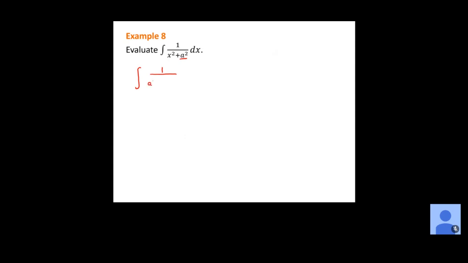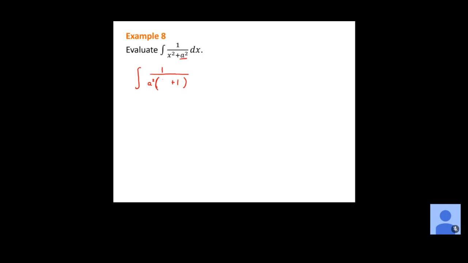Okay, so I'm going to pull out a squared, and then I'm going to think about what's actually left over from each term if I do that. Well, for sure, down here at the end, we're going to have a plus 1. Right? So if I factor out an a squared from that term, I just get 1. The question is, if I factor out a squared from x squared, what am I going to get?